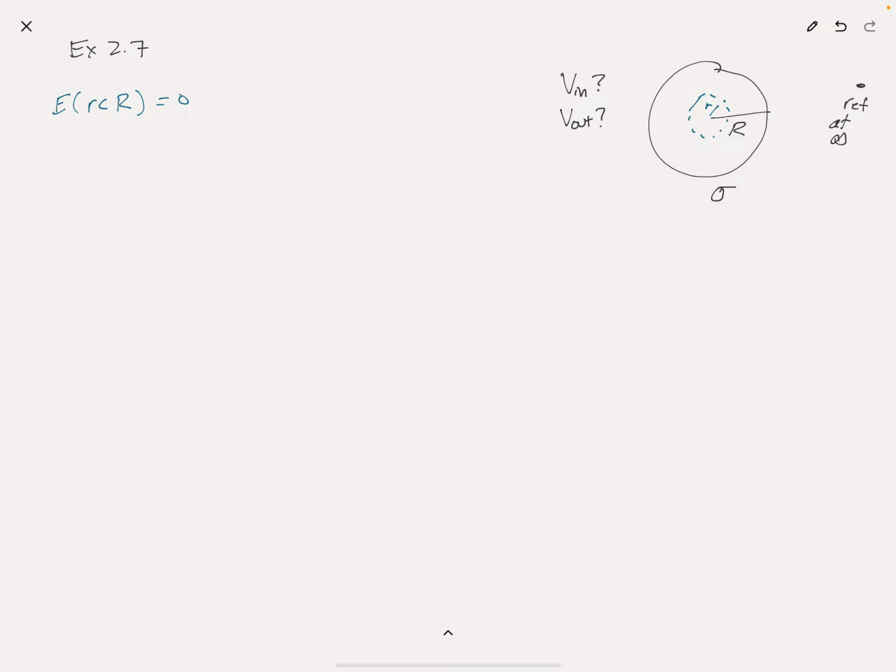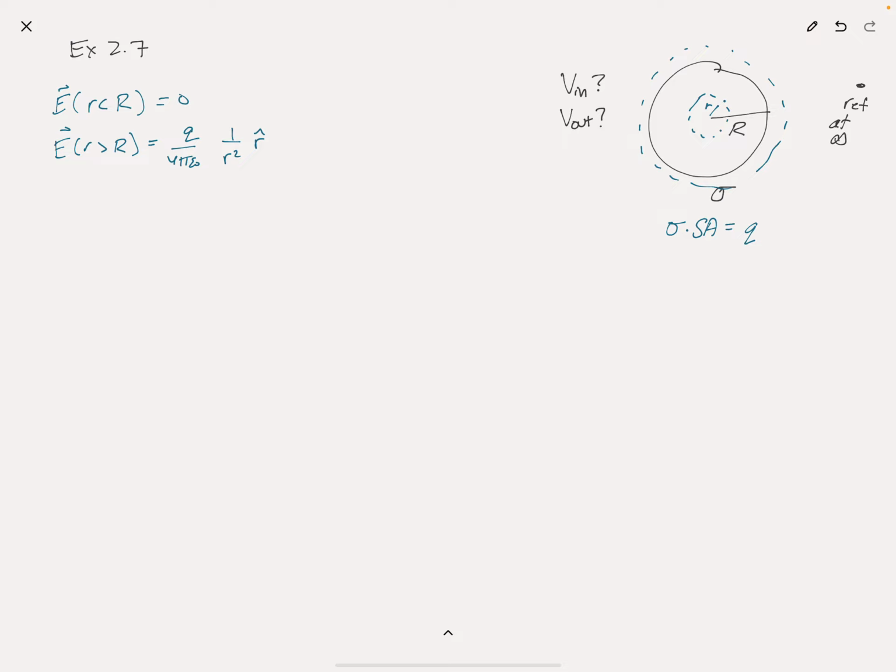Okay. I'm going to say that my surface charge density times my surface area is a total charge Q. And if I draw my Gaussian surface bigger, I get that this is Q over 4 pi epsilon naught, 1 over r squared in the r hat direction.